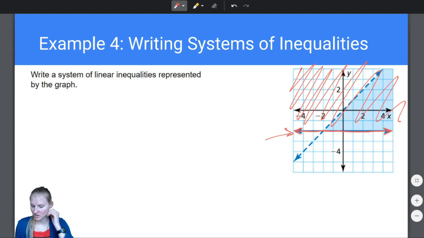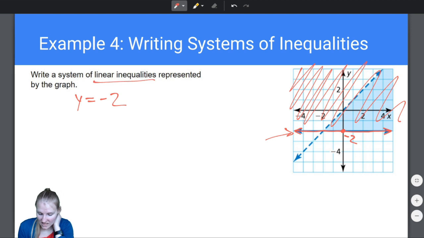Now, what is this red line? It's a horizontal line that goes through -2. So the boundary line is y equals -2, because y makes the horizontal lines. And now if I want a linear inequality, what should this sign be? Should it be greater than, less than, greater than or equal to?